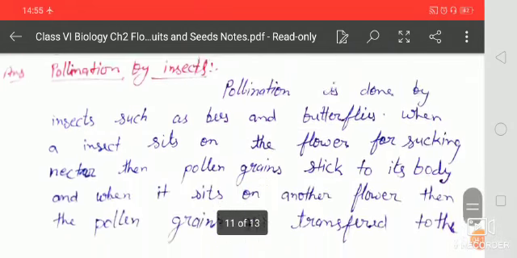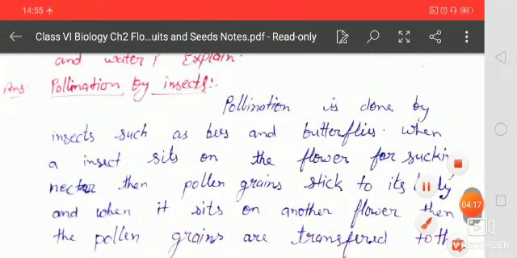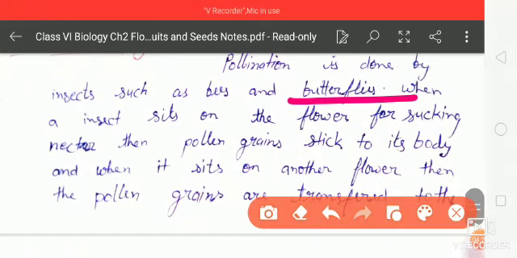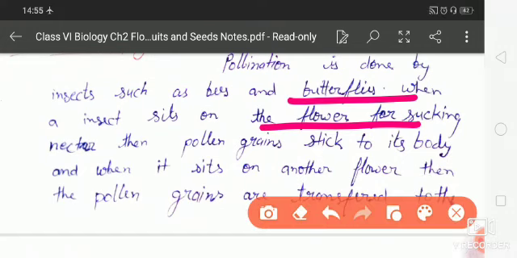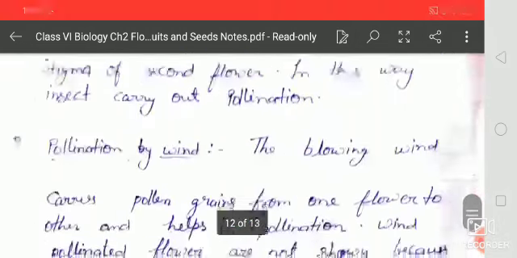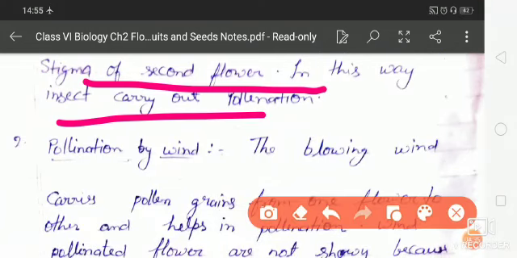So you know that pollination is carried out by insects or wind or water. Pollination is done by insects such as bees and butterflies. When they sit on the flower for sucking the nectar, the pollen grains stick to their body, and when they sit on another flower it is transferred from one place to another, and in this way the insect carries out pollination.